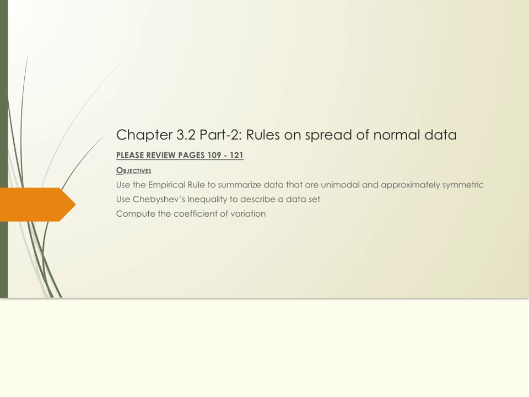So our objectives in this particular section is to use the empirical rule to summarize data that are unimodal and approximately symmetric, bell-shaped essentially. And we're also going to look at Chebyshev's inequality to describe a data set. And finally, we're going to compute something called the coefficient of variation.